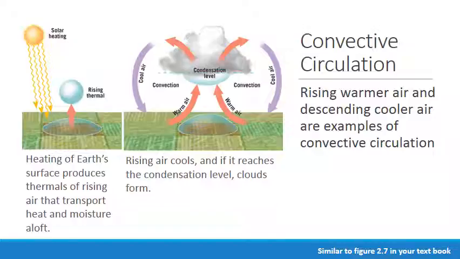Atmospheric circulation consists of vertical as well as horizontal components. So both vertical and horizontal energy transfer occurs. Meteorologists use the term convection to describe the part of atmospheric circulation that involves upward and downward motion by air.